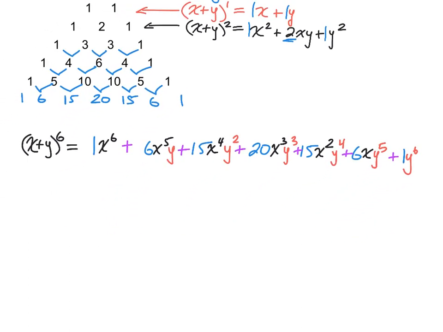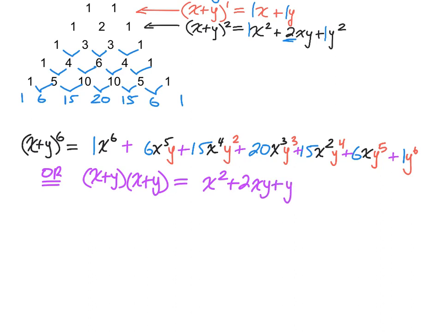Now, if you imagine what you would have to do if you didn't do that, you'd have to take x plus y, multiply it by x plus y. We already know that's x squared plus 2xy plus y squared.